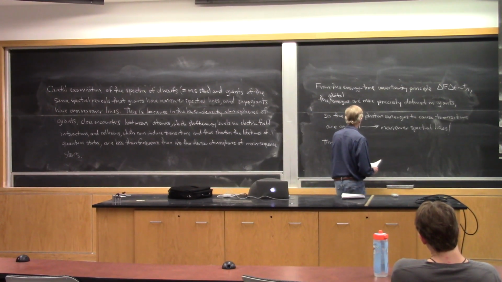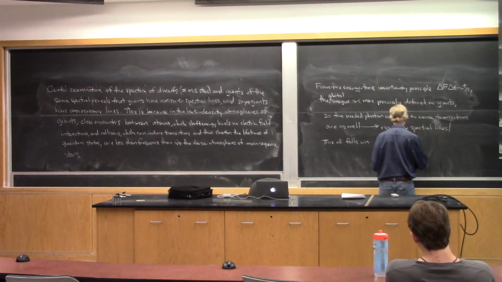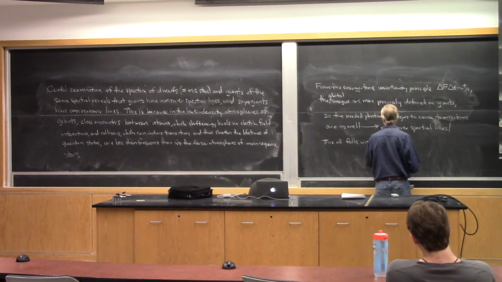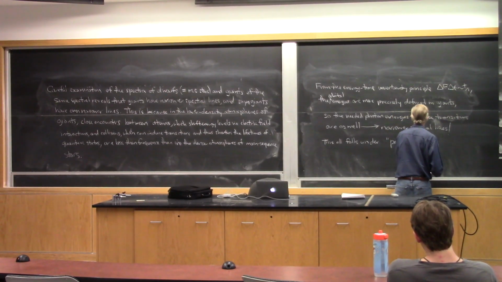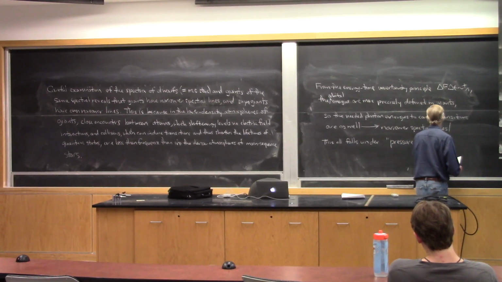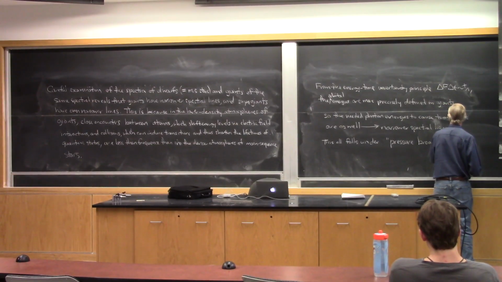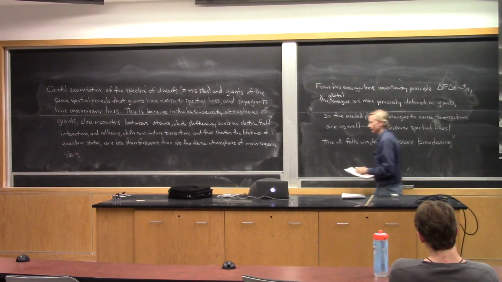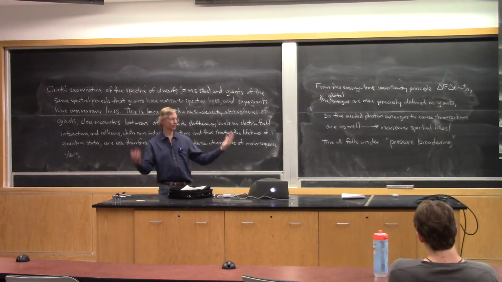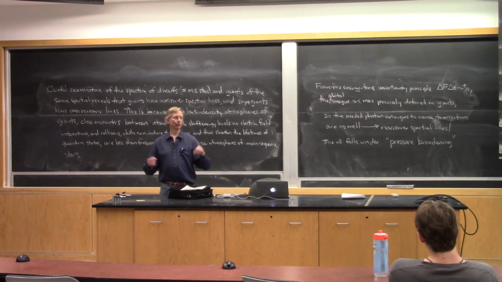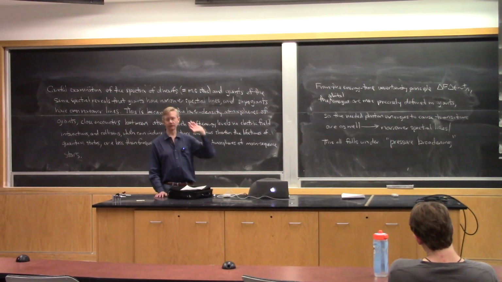And this all falls under, I don't think I say that in the notes here, but this all falls under, quote unquote, pressure broadening. Because the idea is, the density is related to the pressure, and so the higher the pressure in the atmosphere, the broader the spectral lines will be.